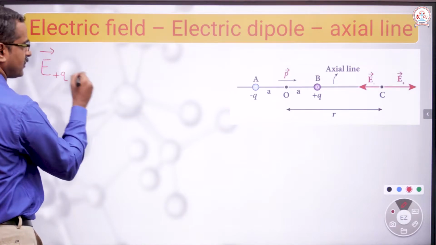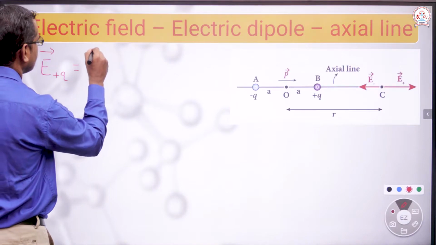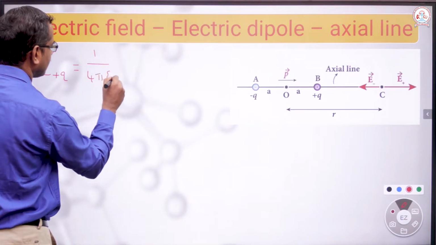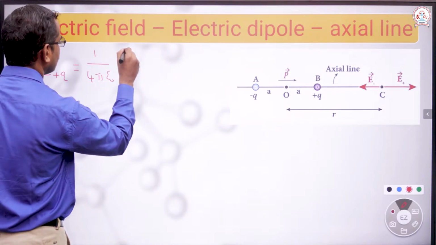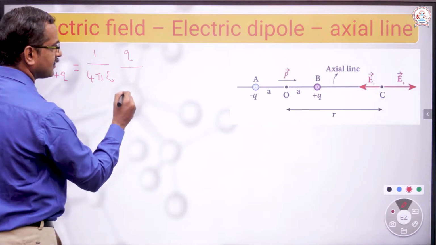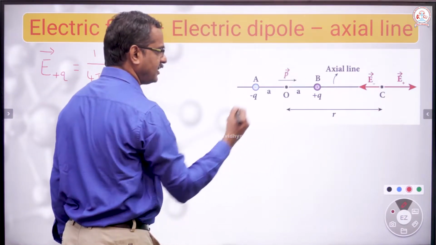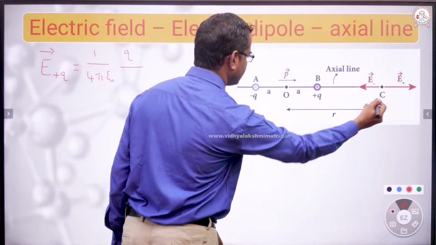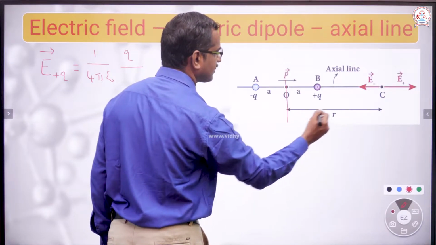The electric field due to the positive charge at the point C is equal to 1 divided by 4 pi epsilon naught, times the charge q divided by the square of the distance between the charge and the point where we are calculating the electric field. The point C is at a distance r from the center of the dipole.